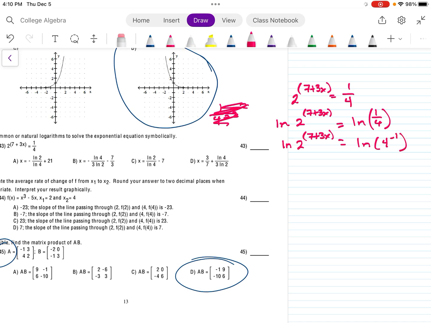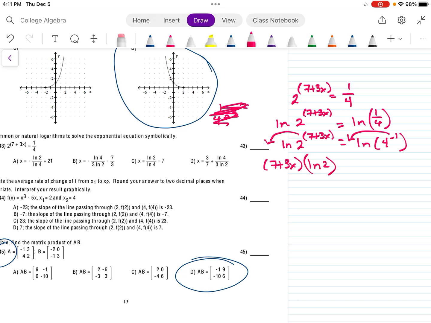Now we get to apply the power property of logarithms, which means an exponent gets to come down out in front as a coefficient. So this exponent comes down, and the negative 1 gets to come down as an exponent. So that gives me 7 plus 3x times the ln of 2.